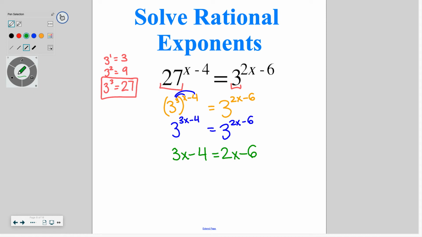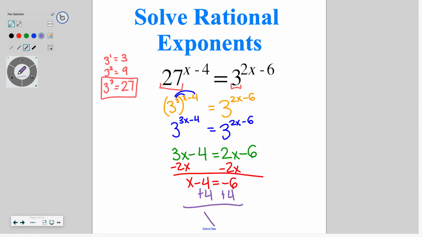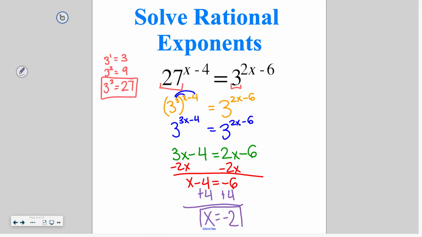Combining our x's, we're going to subtract 2x from both sides, and I'm going to be left with just x minus 4 is equal to negative 6. Next step is going to be to add 4 to both sides, and I end up with my answer of x is equal to negative 2.